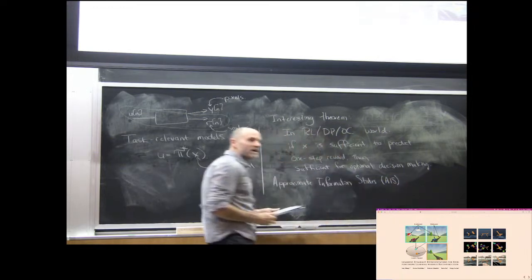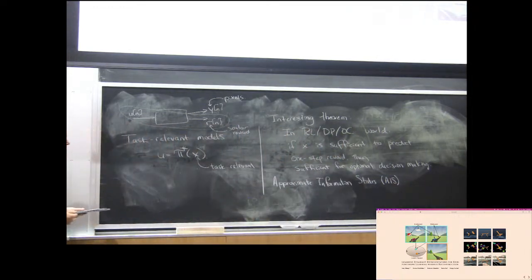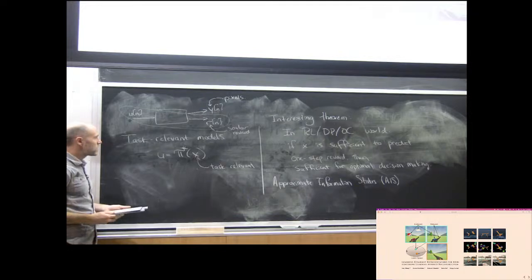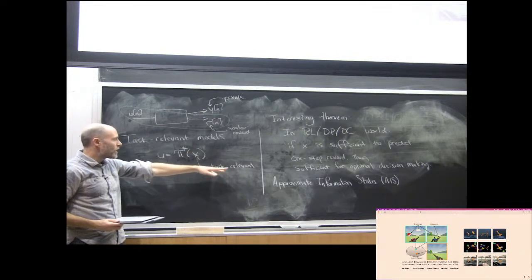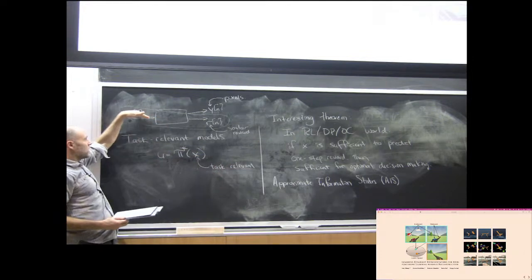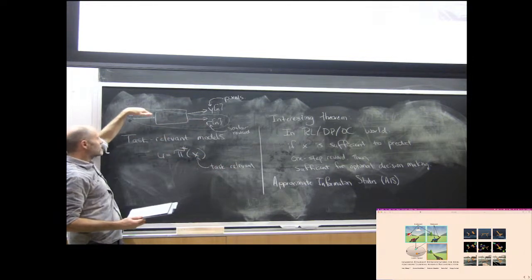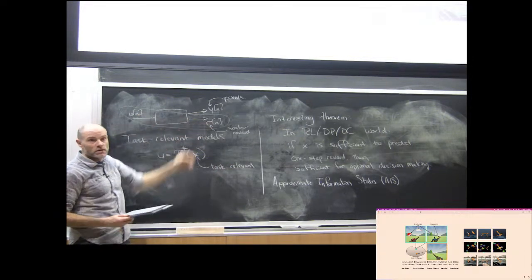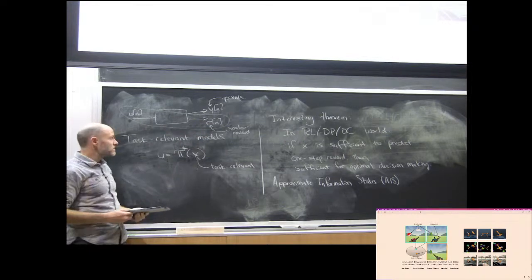We always call it AIS, okay? Which talks about putting a bound on how well you can perform given a bound on how well you can predict your outputs. So it goes into the approximation case.